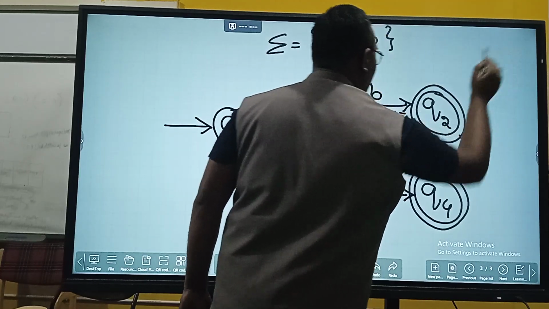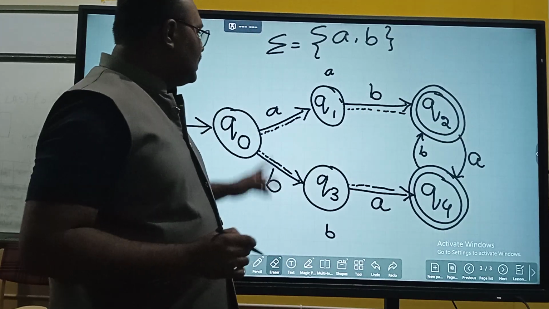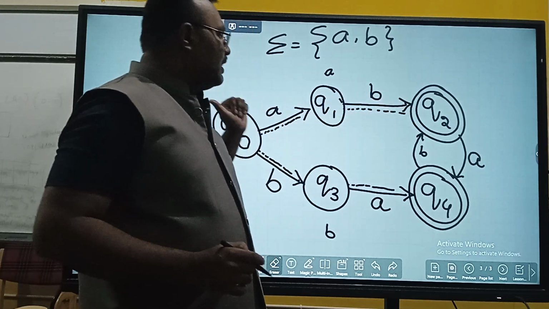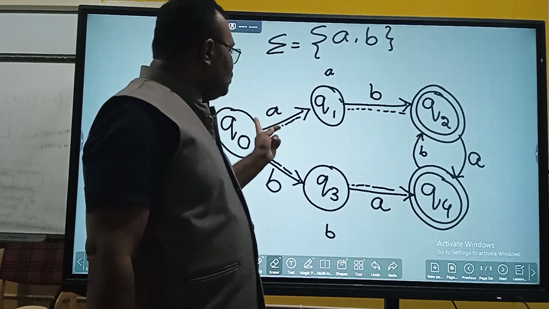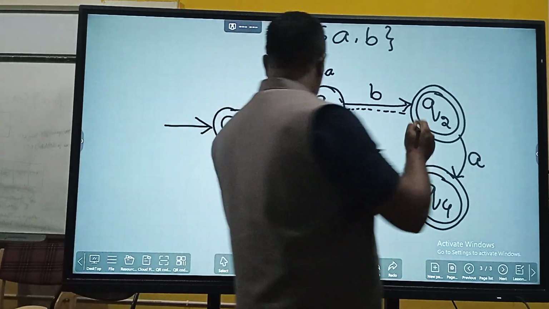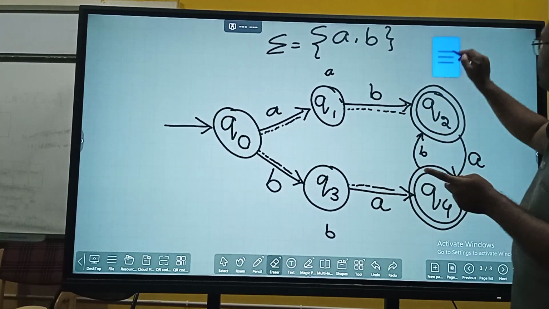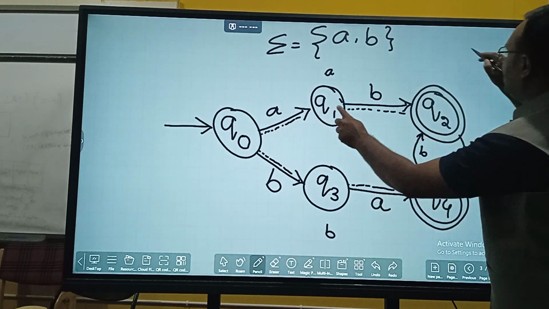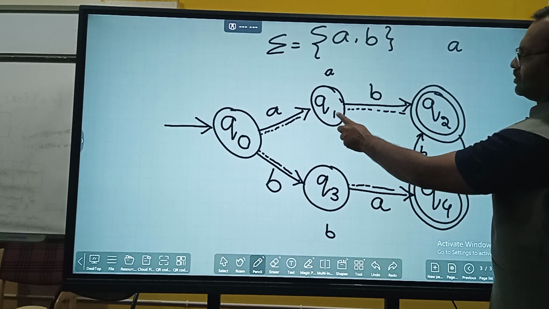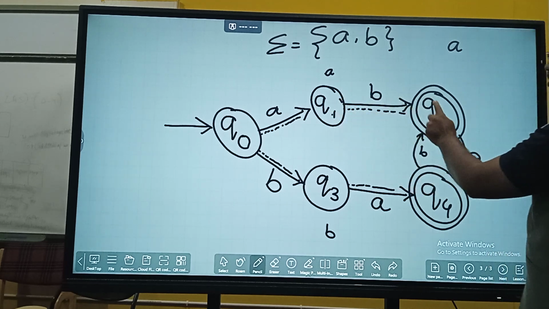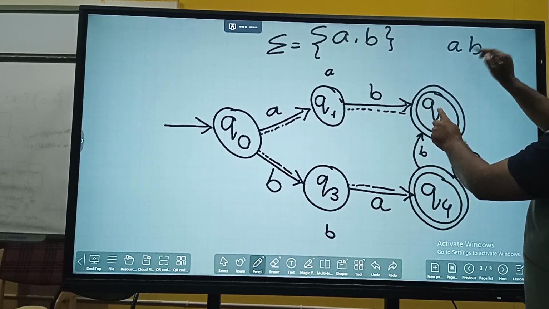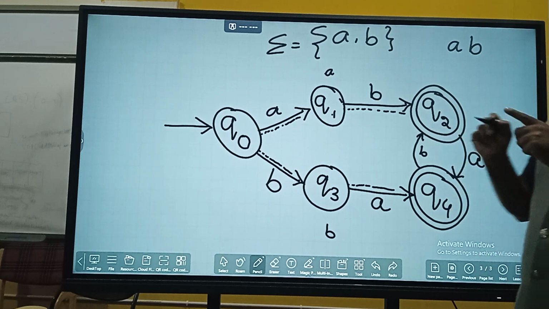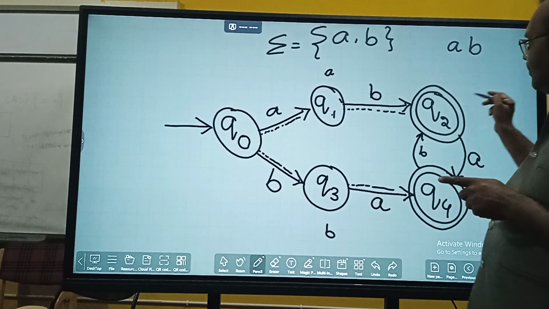Suppose I have a string ABBA. That means you have read A from Q0 to Q1. That is one possibility. Q1 to Q2, you have read B, right? So from Q2, you are planning to take which alphabet?